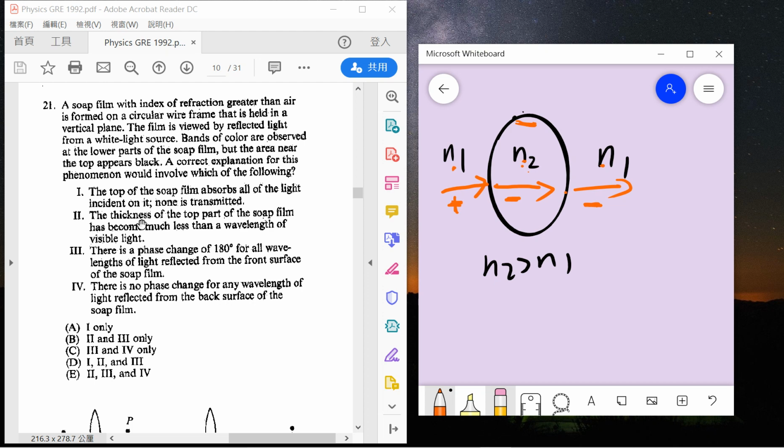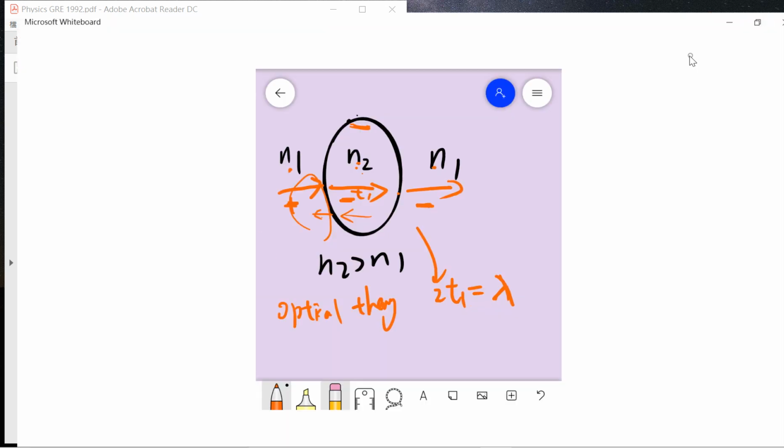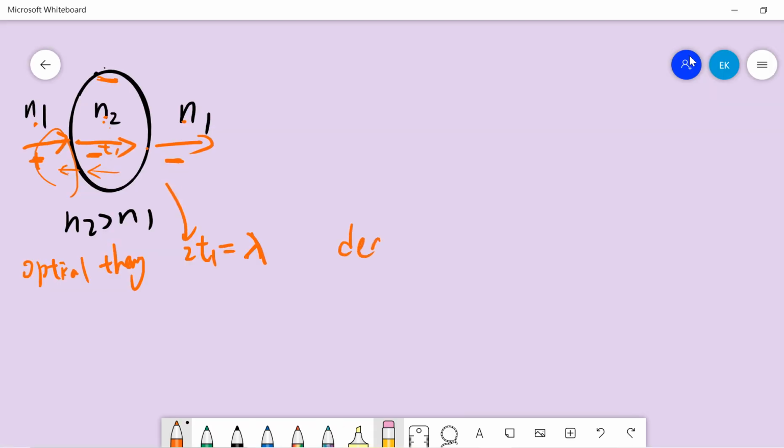The second says the thickness of the top part of the film has become much less than the wavelength of visible light. Basically, the optical theory tells you that if you have the light and the refraction, 2T1 equals lambda, where T1 means the thickness, which means destructive, because there is a 180 phase difference.